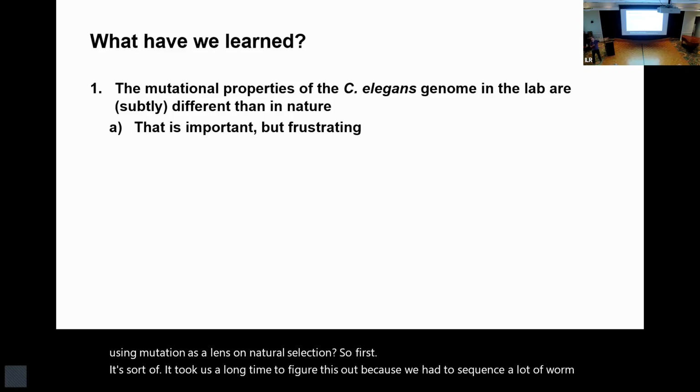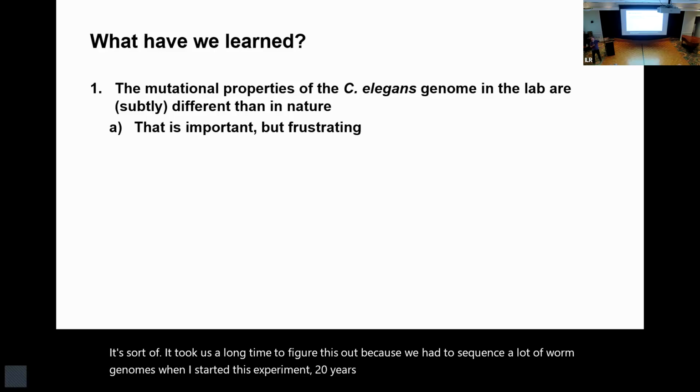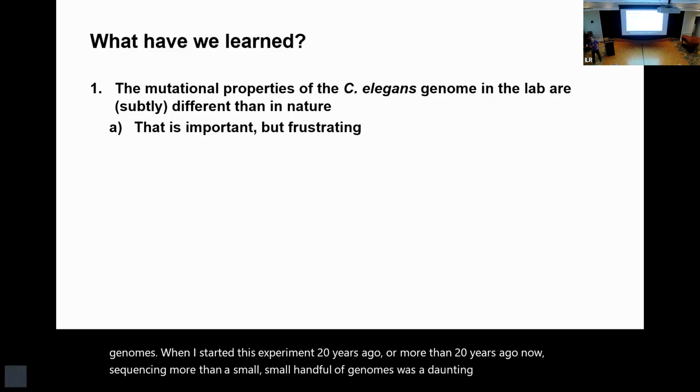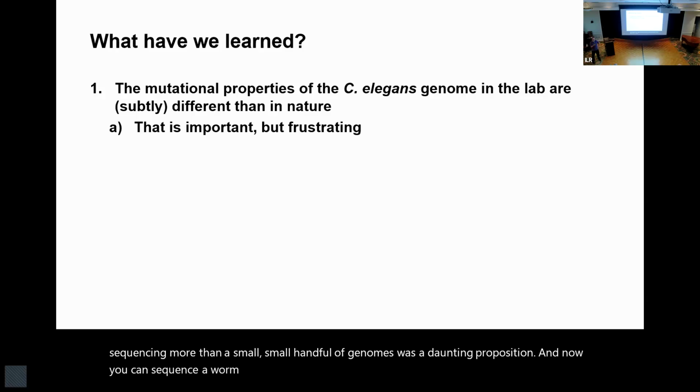When I started this experiment more than 20 years ago, sequencing more than a small handful of genomes was a daunting proposition. And now you can sequence a worm genome for about $60.